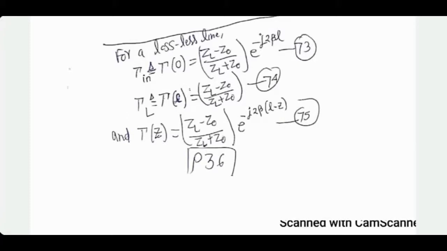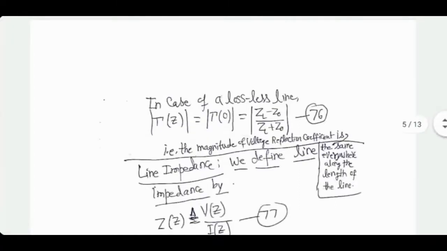If I take the magnitude of tau z, I'll get the magnitude of (ZL minus Z0) upon (ZL plus Z0). The rest of the factor will give me 1. The magnitude of tau L is also the same. The magnitude of tau 0 is also the same. So for a lossless line, the magnitude of the reflection coefficient doesn't change anywhere, but the phase changes.